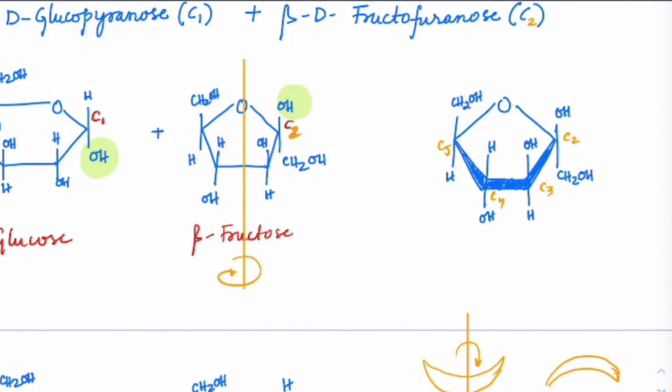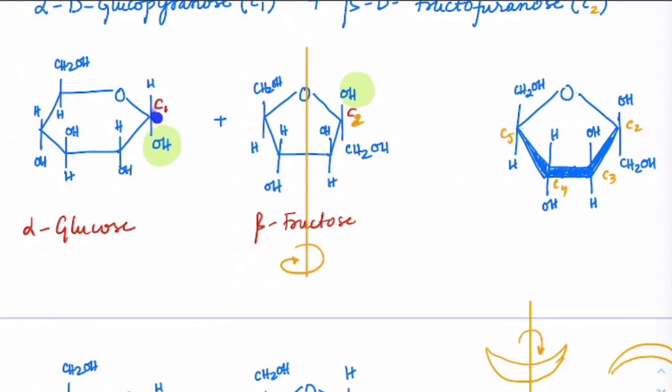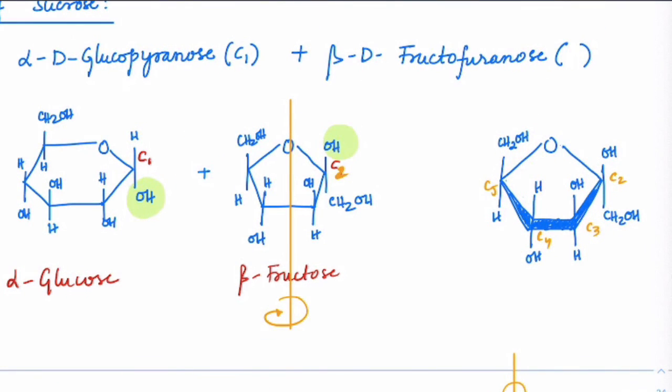Now between carbon 1 of glucose and carbon 2 of fructose, I need to make a connection here. I have to make a connection between this carbon 1 and this carbon 2. So if I have to make this connection, I need to have them side by side.